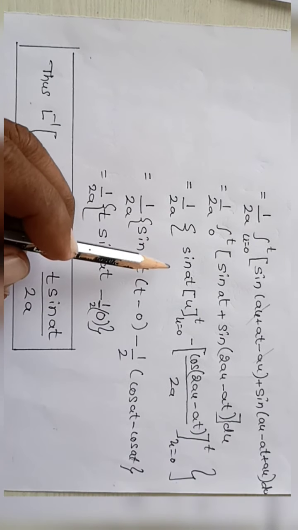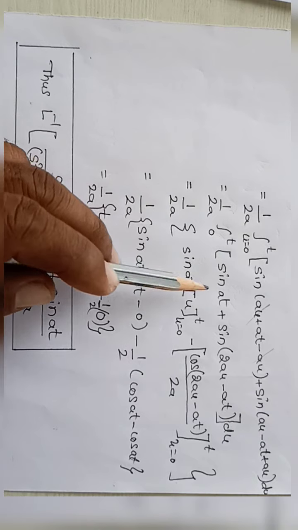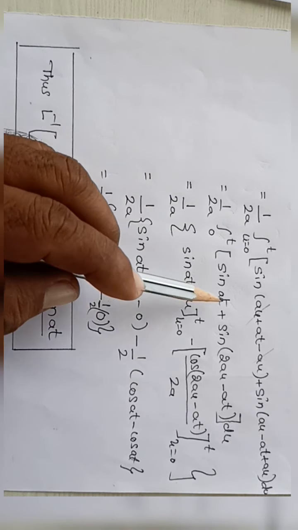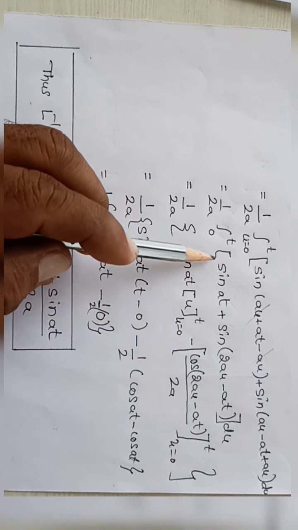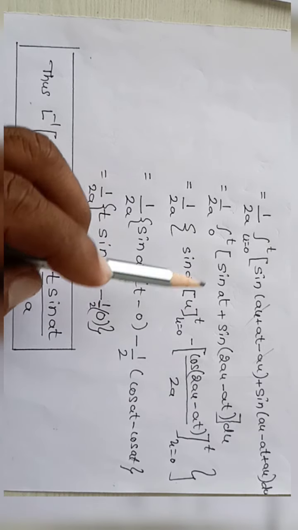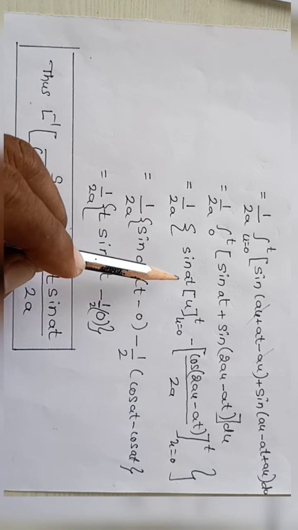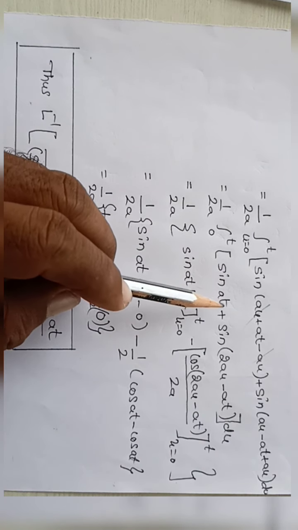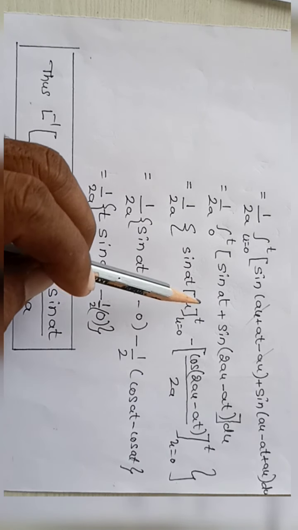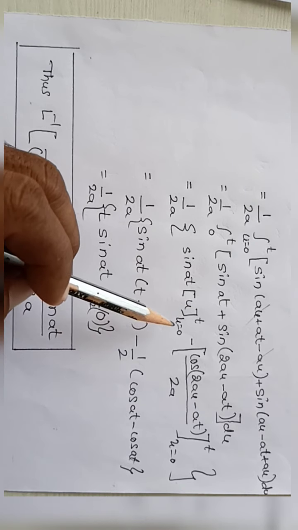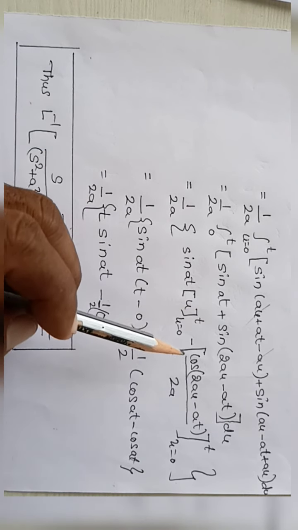Next 1 upon 2A sin AT. The integration of this term with respect to u: here u is not there, that means sin AT is a constant term, and integration of 1 is u, and the limit is 0 to t.